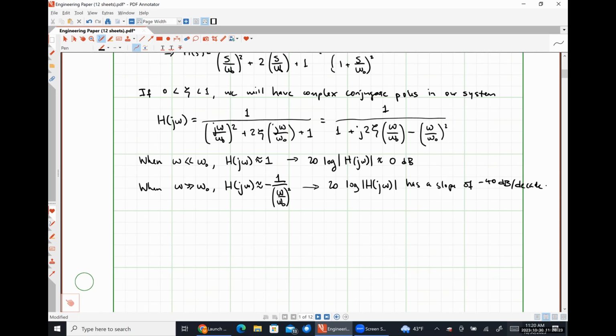So it looks like it behaves very similarly to what we would expect for a simple repeated pole, right? But what happens when we're really close? Omega is very, very close to omega naught.